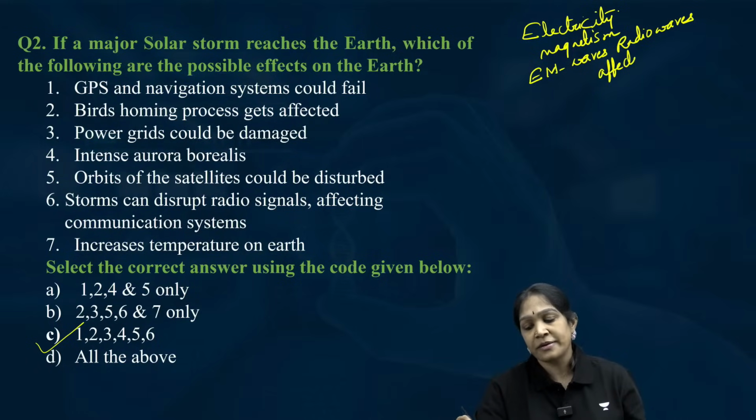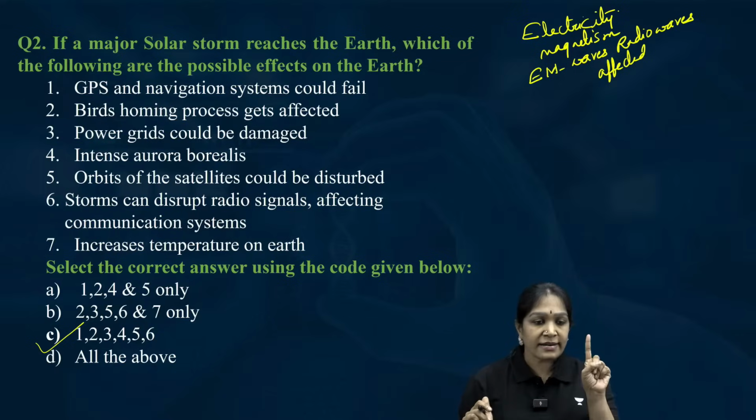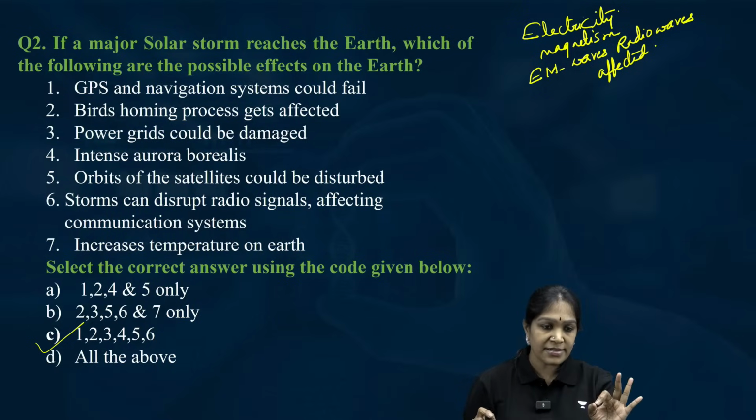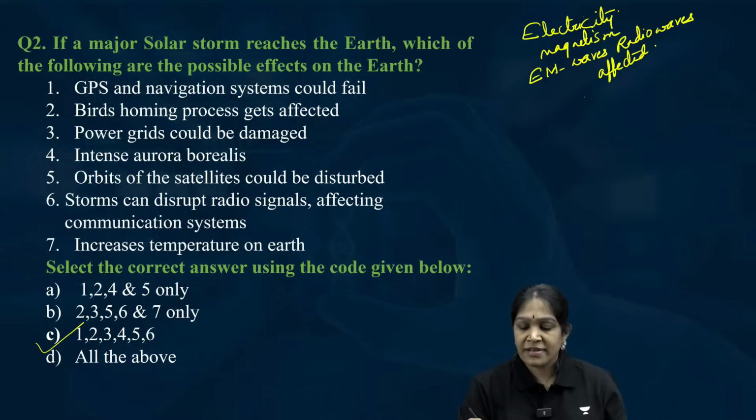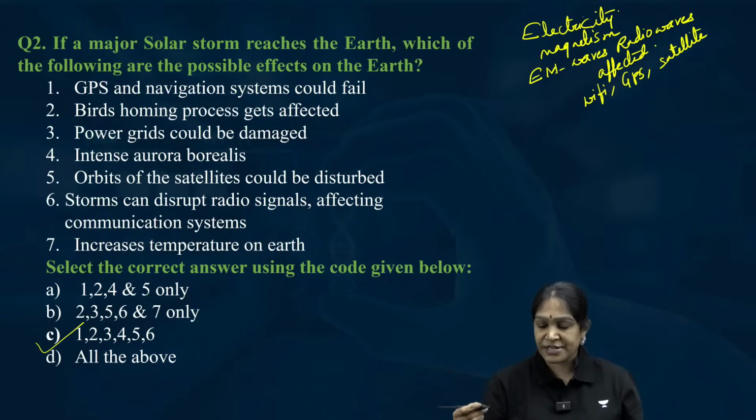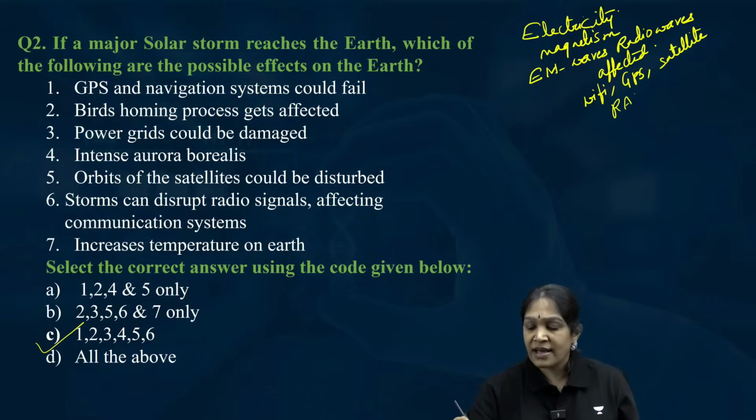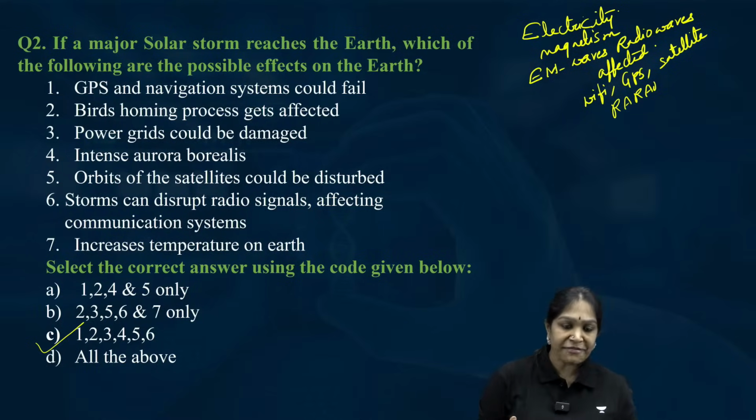Is the logic clear? Our Wi-Fi will get affected, our GPS will get affected, all our satellites will get affected, our radars will get affected, and electrical grids will get affected.